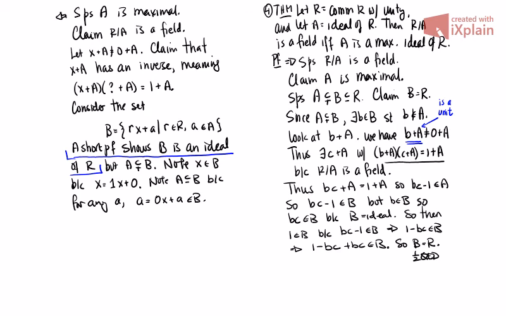It's the fact that B is an ideal that takes a little bit of work. The point is that because A is contained in and not equal to B, and since A is maximal, we must have B equal to R.